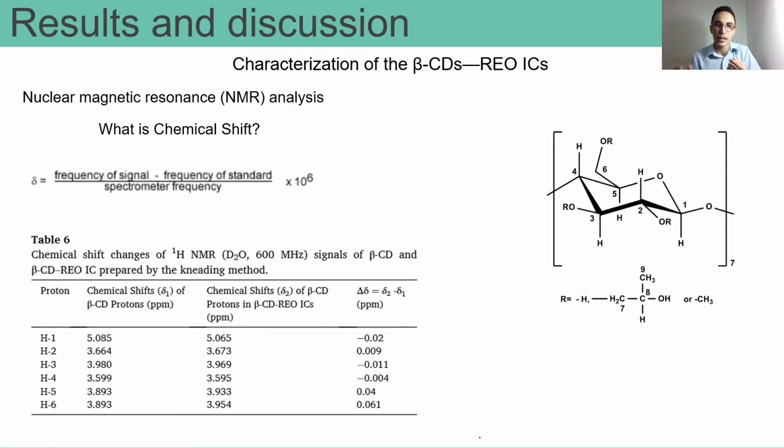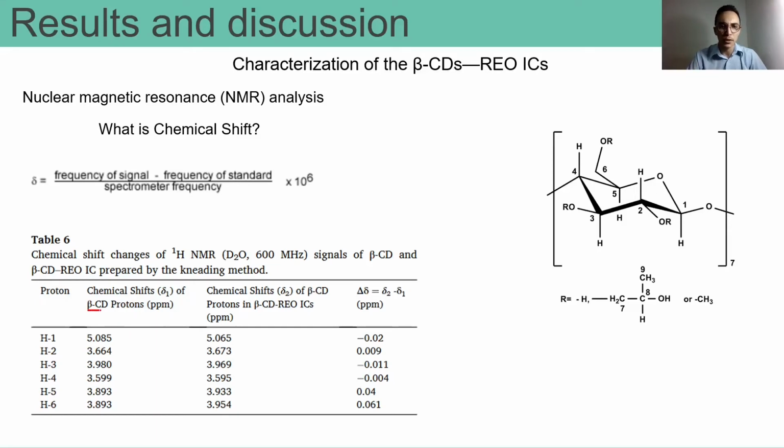With this difference we can see how the molecules are positioned. So in Table 6 we have the chemical shift differences for NMR, for D2O, water, and beta-cyclodextrin.